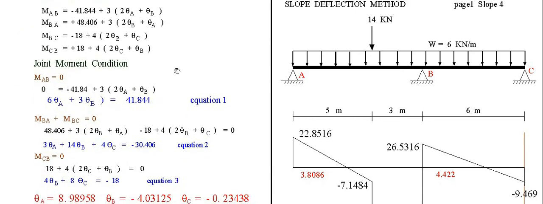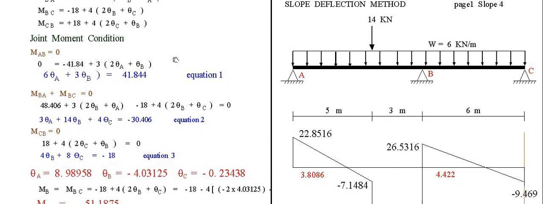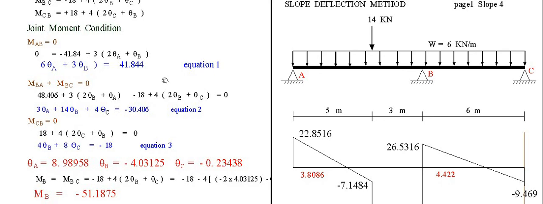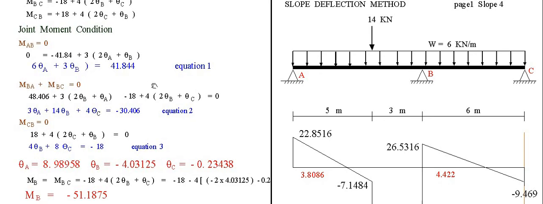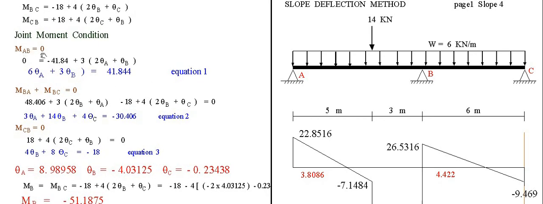Then the joint condition, we create equation. Moment AB is 0. The actual moment at A is 0. Simple support, the moment is 0. Okay, this is our guide. But what is AB?